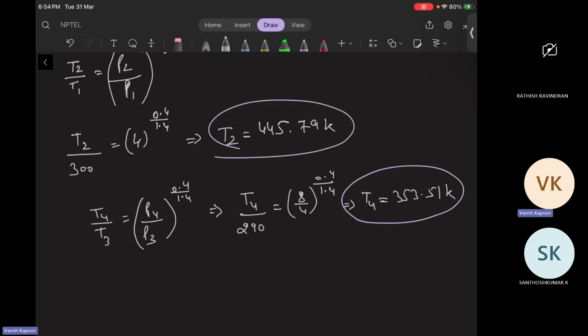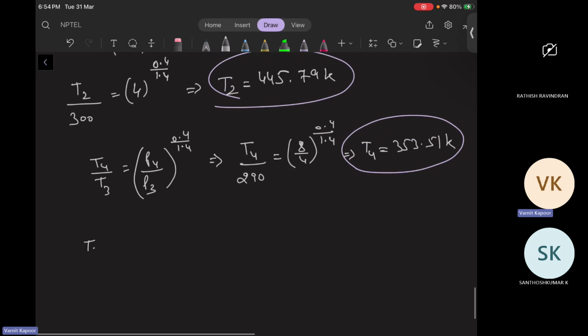Now you don't know T6 and T7. So let us use the relation T6 by T5 is equal to (P6 by P5) to the power of 0.4 by 1.4. T5 is 1300.